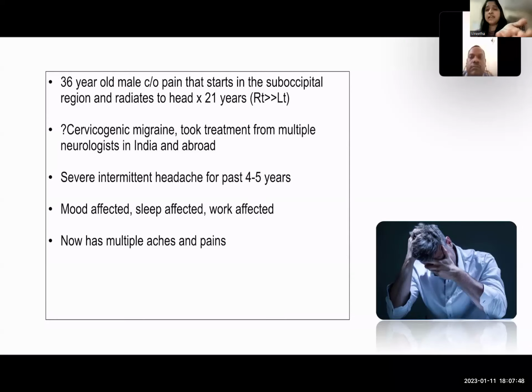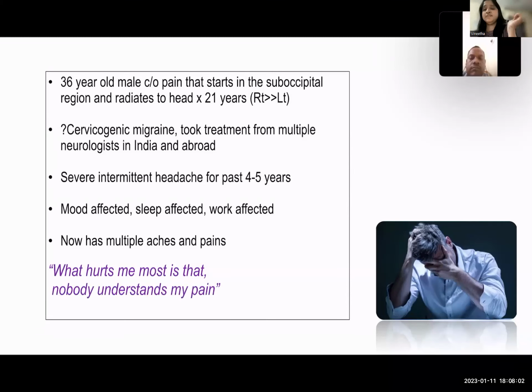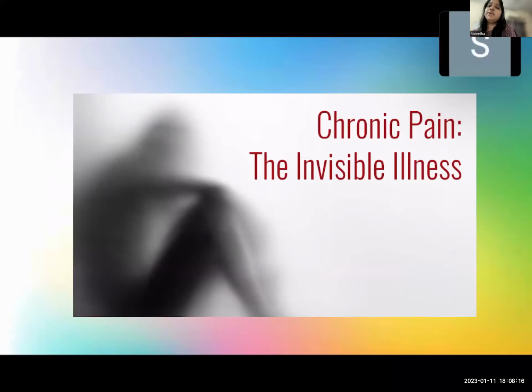Not that it surprised me, it is something which I constantly hear from chronic pain patients. But my question was entirely different. What hurts you the most? And he replied, what hurts me most is that nobody understands my pain. These are exactly the words that he used. So chronic pain, maybe in cancer pain or non-cancer pain, is like an invisible illness.